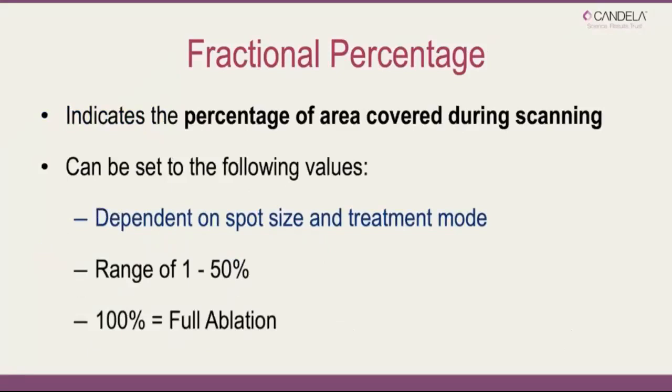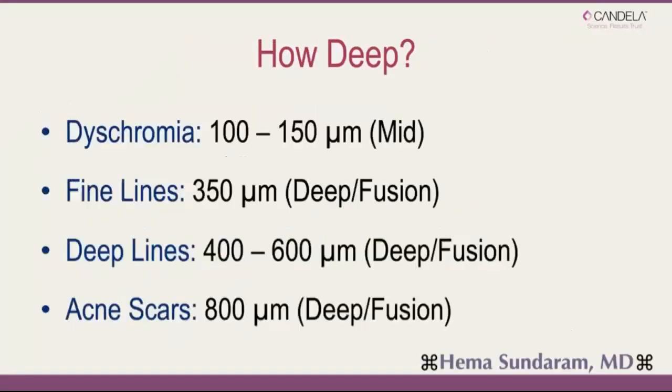And then we can vary in the parameters the fractional percentage, how much of the area are we covering, and we have a range here. And please note, we can even go to full ablation with the CO2 laser should we so desire. So how deep? These are general guidelines. Of course, when you get your CO2 laser, you'll get very good training from the Candela support team on this.